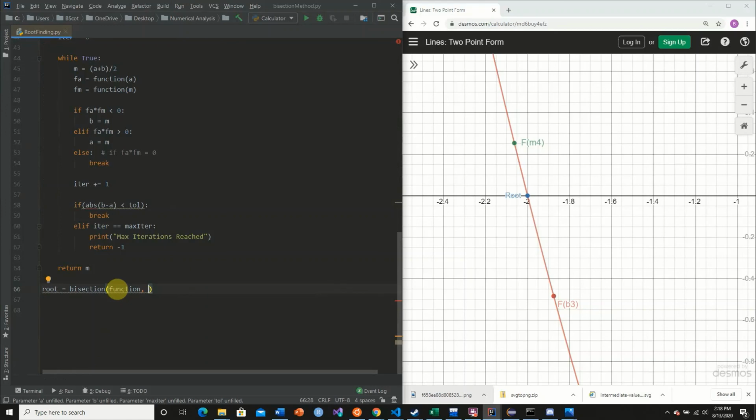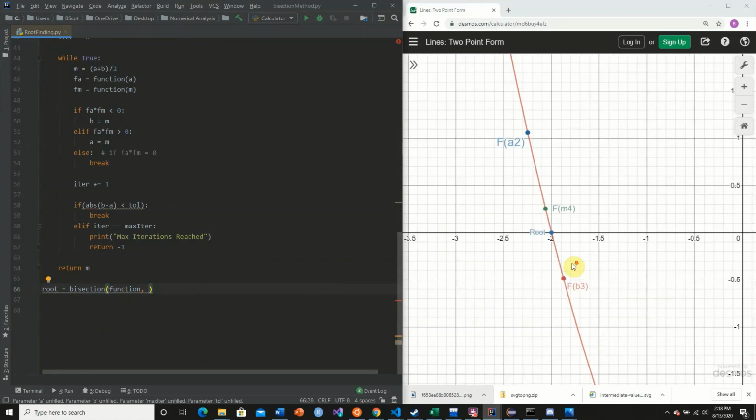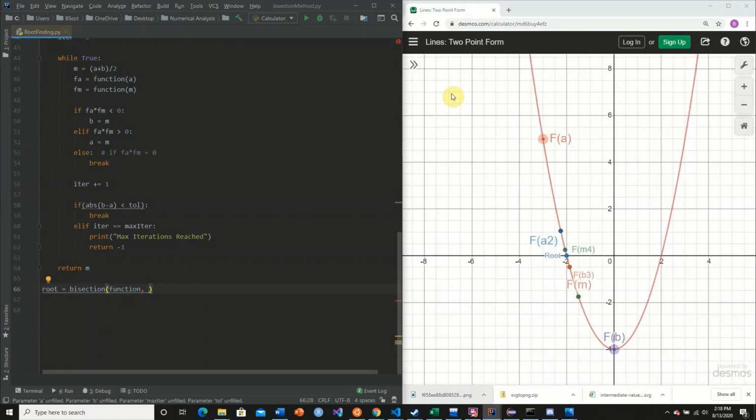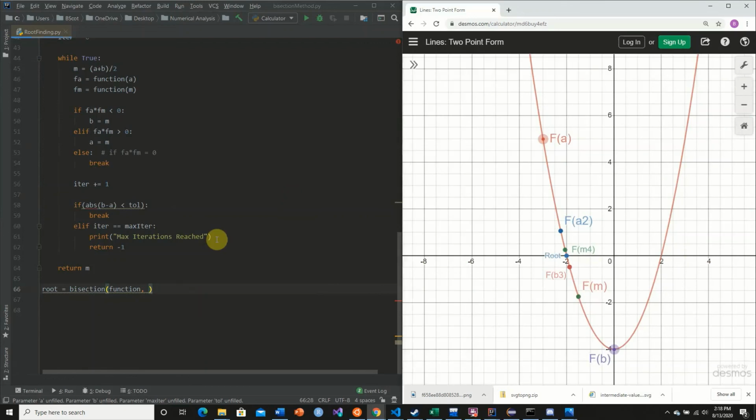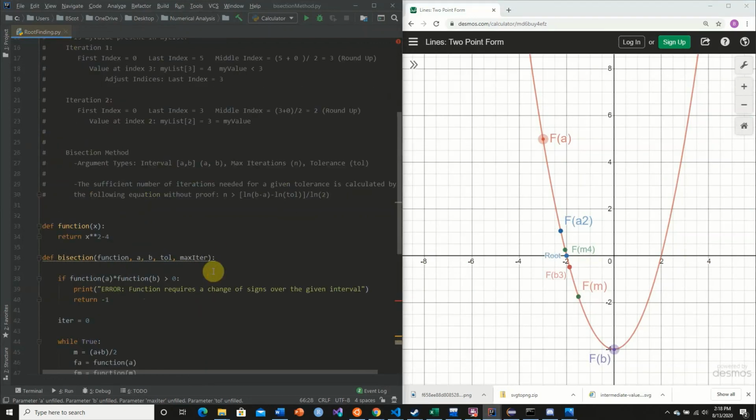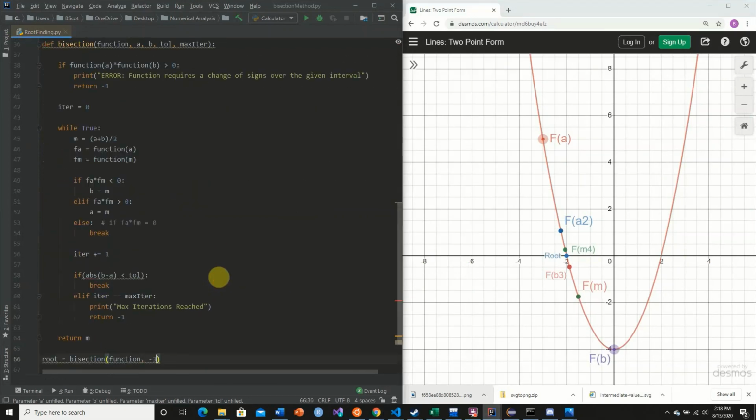Let's give it an interval. What did we give it here? We gave it -3 and 0. So it goes a first, -3 and 0, a tolerance of 1e to the -8, and let's say 30 iterations.